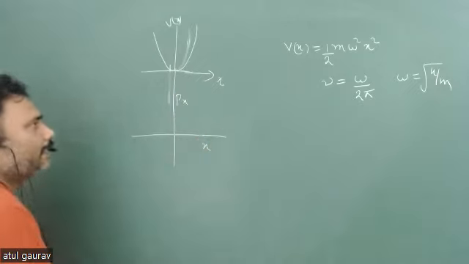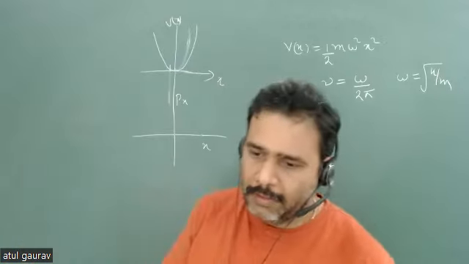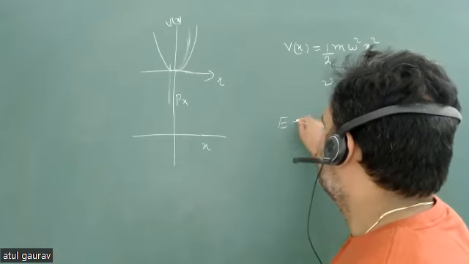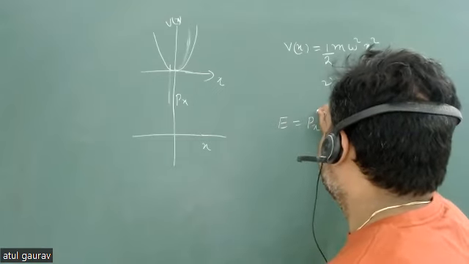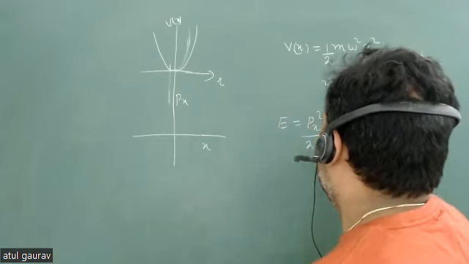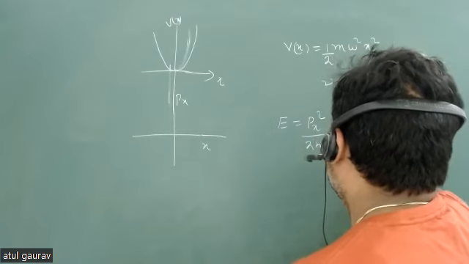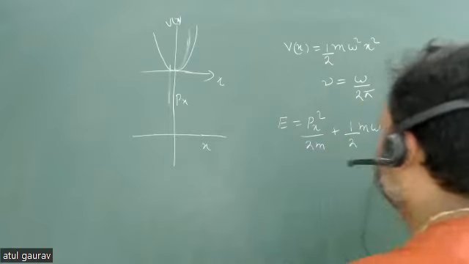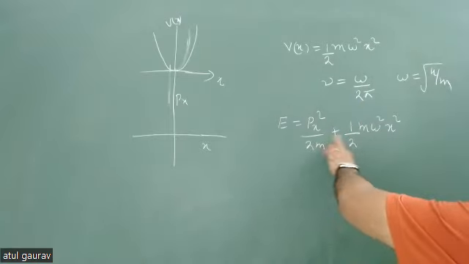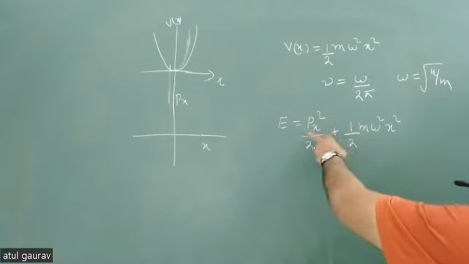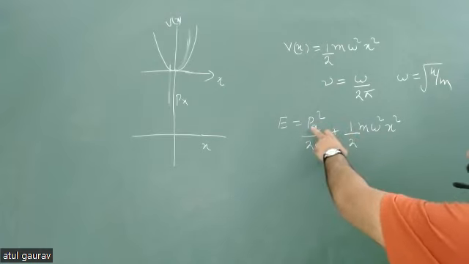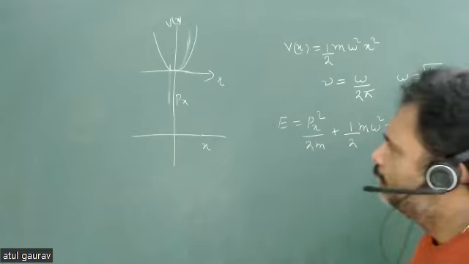The px versus x is elliptical in nature. We all know that. So E is equal to px square upon 2m plus half m omega square x square. When we see the shape of the phase curve, that means position versus momentum, it is elliptical in nature.